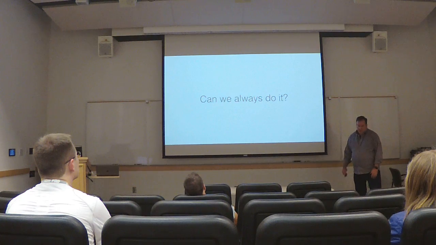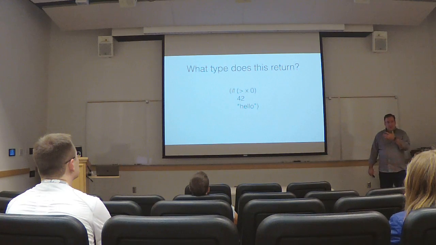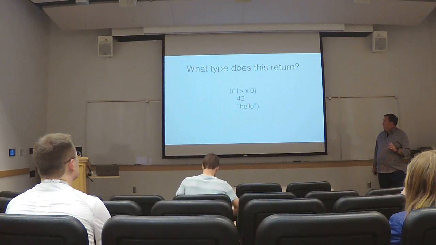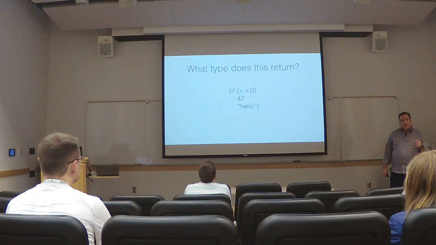So we got to this question last time at the end: can we always do that? Given that there are advantages to static type checking, is it always possible? We looked at an example like this, an equivalent in C, where it's not possible to know statically what type this expression will return, because it could return a number, it could return a string, and I won't know until runtime what the value of x is.